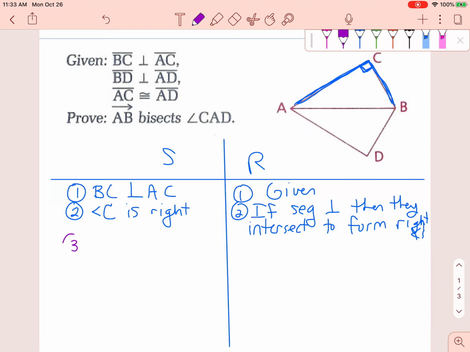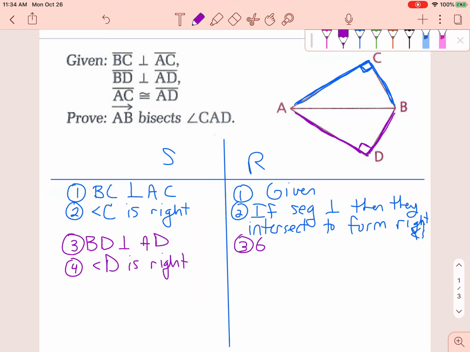My next given says that BD is perpendicular to AD, and that's given. So BD is perpendicular to AD, and again, I'm going to mark my right angle. Therefore, angle D is right. And that is for the same reasoning as number 2.